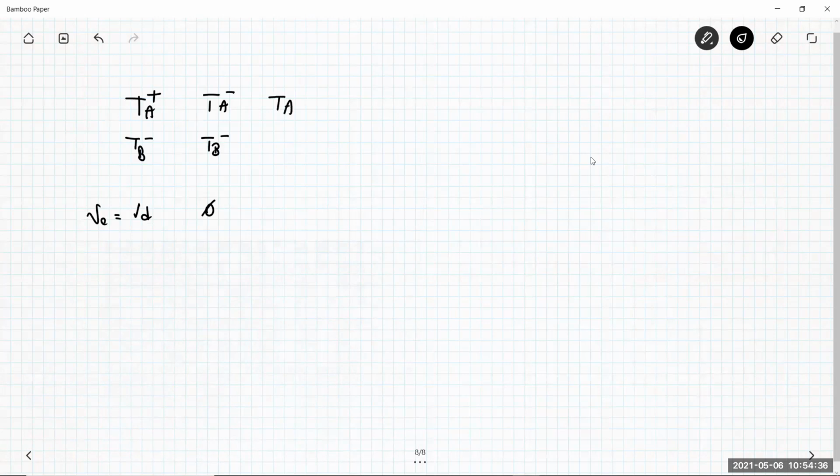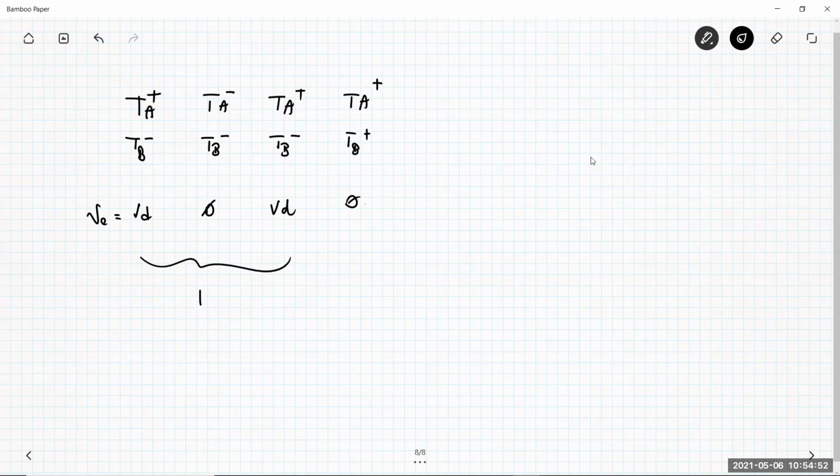Then again TA plus, TB minus to get VD. And then TA plus and TB plus for having 0. So this happens for T1 divided by 2, on the first half of the period. You have this sequence of switches and the output voltage with VD and 0 levels, totally positive.